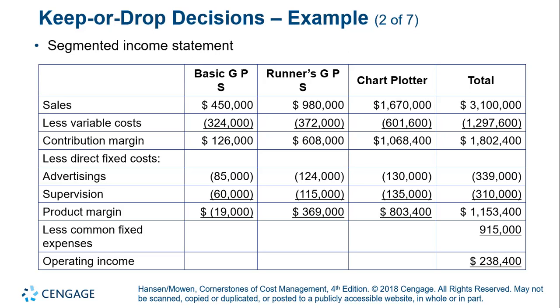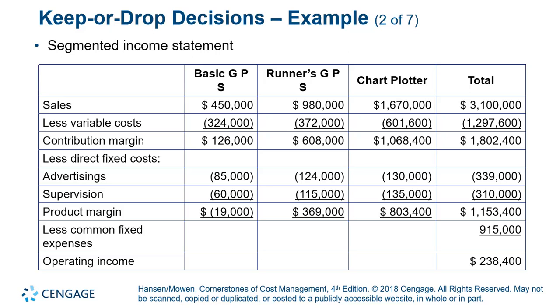So we have the total product margin equal to 1,153,400. But take note that your basic GPS product margin is negative. So it's a loss.